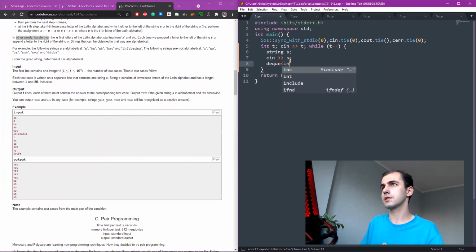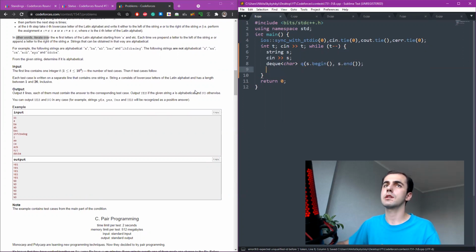Can we just say that, let's cast whatever input we had into a deque. And then we say, like, get string length minus 1. Not n, but i.